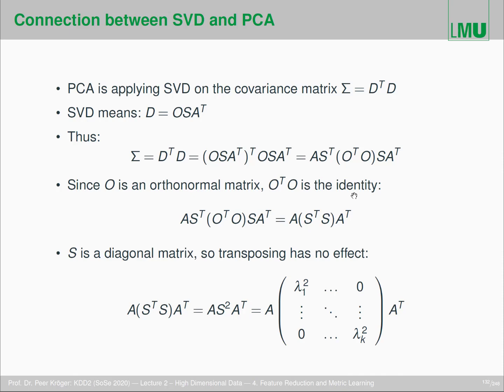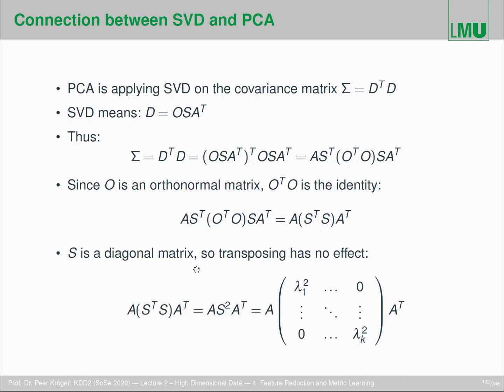If you don't remember that, just look up your linear algebra books. So that means we can omit O transpose times O because it's the identity. So it's only A times S transposed times S times A transposed. The brackets again show you this is the first multiplication we have to perform.